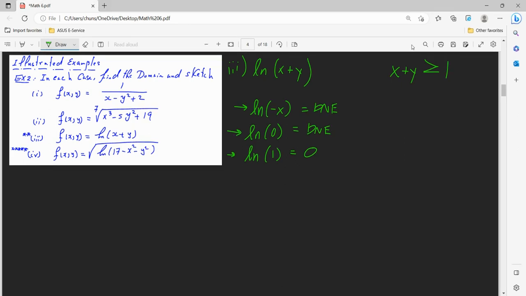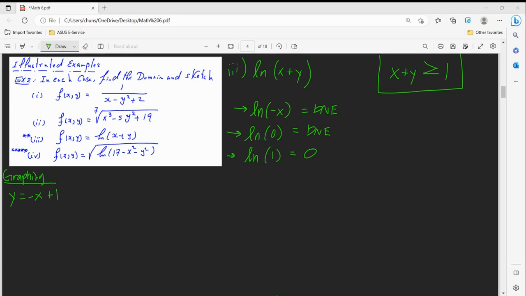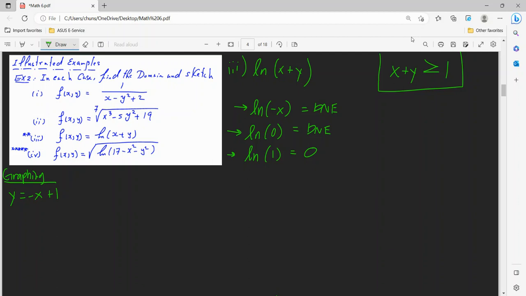The part that we isolated, this x plus y, if we moved it around, would be x equals, actually no, let's do y equals. If we graphed it, this could look like y equals negative x plus 1, if we just treated this inequality as an equal sign. I'm going to redefine this inequality.